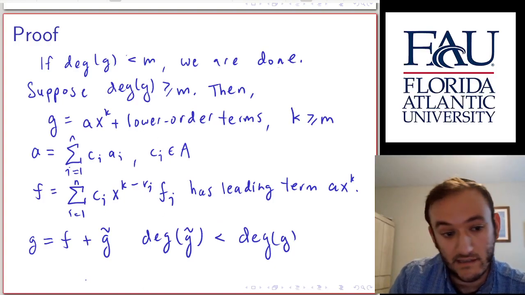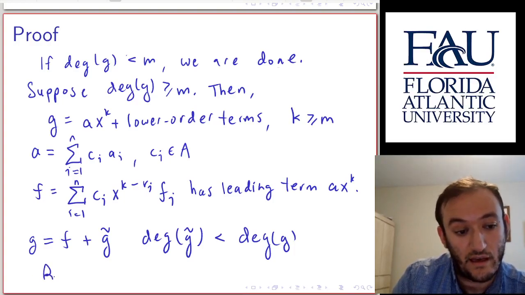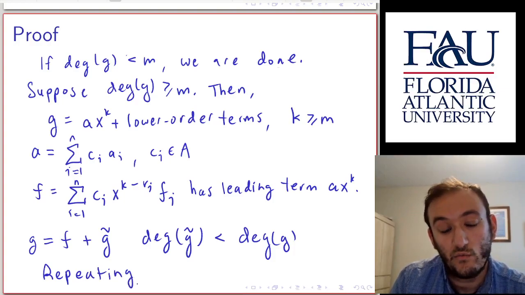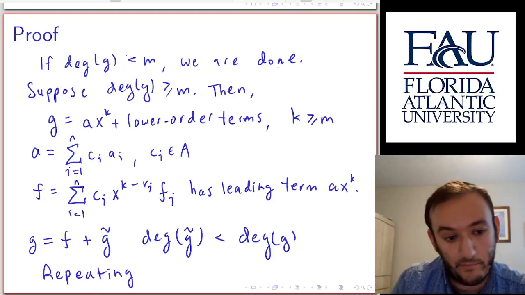So repeating this inductively, I can then obtain a g tilde which has degree smaller than m.